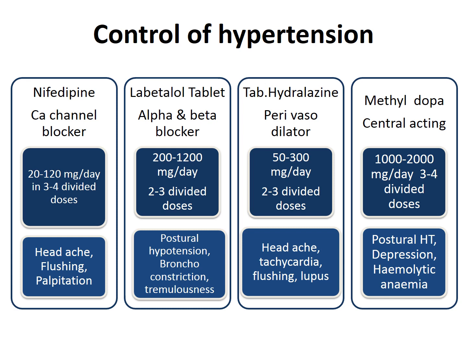How do we control hypertension? The drugs usually used are nifedipine, which is a calcium channel blocker, labetalol, which is an alpha and beta blocker, hydralazine, which is a peripheral vasodilator, and methyldopa, which is a centrally acting drug.